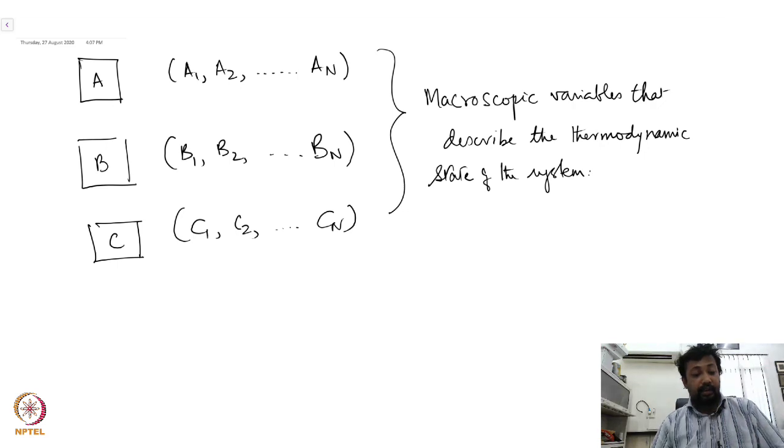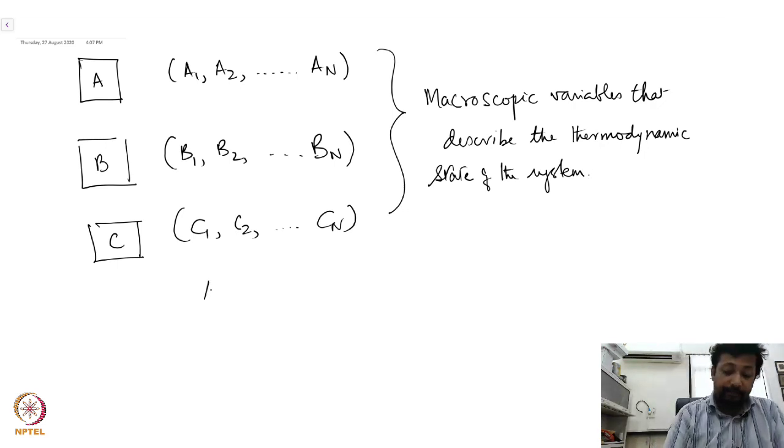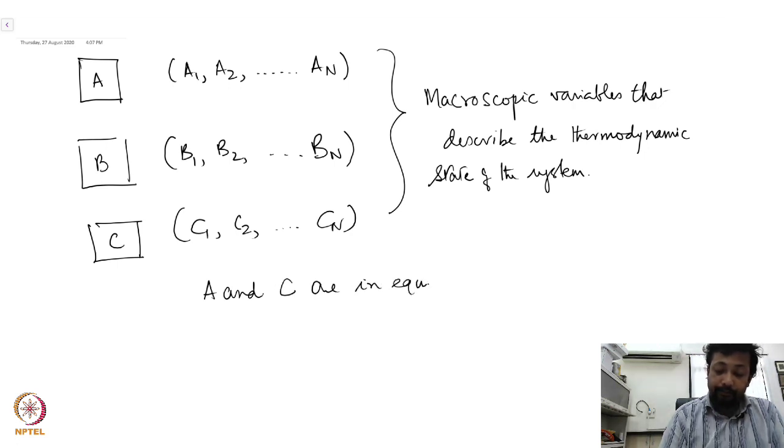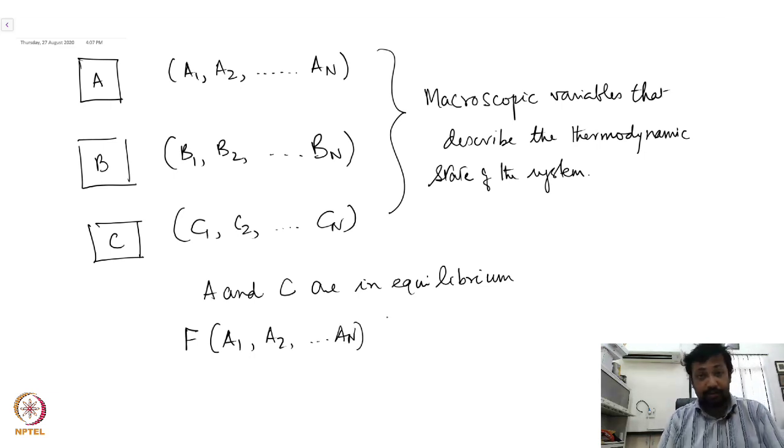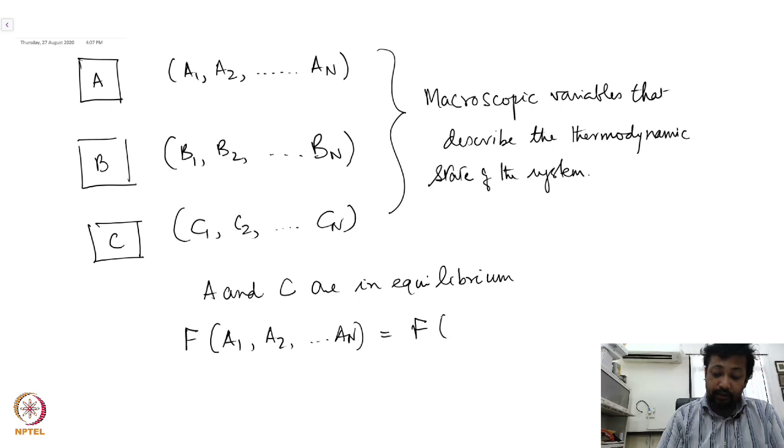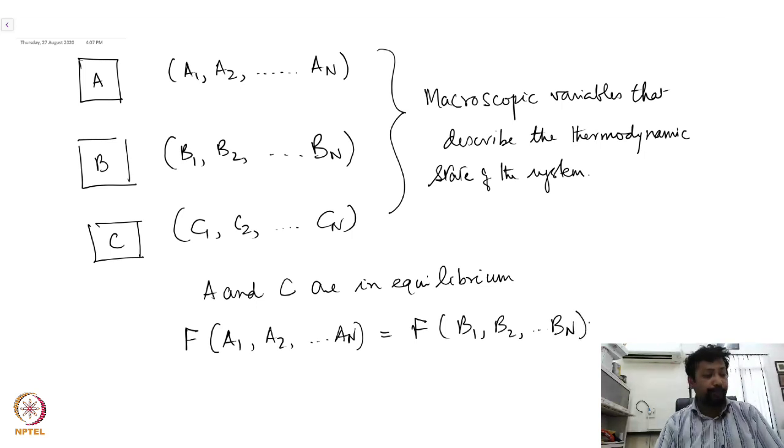Now, when I say that A and C are in equilibrium, that necessarily means that I can have a relation of this form, a functional form, between the macroscopic variables that describe the thermodynamic state of A and the macroscopic variables of the thermodynamic state of C. The function f can be different for both of them, but for ease of this discussion, we will assume them to be the same.